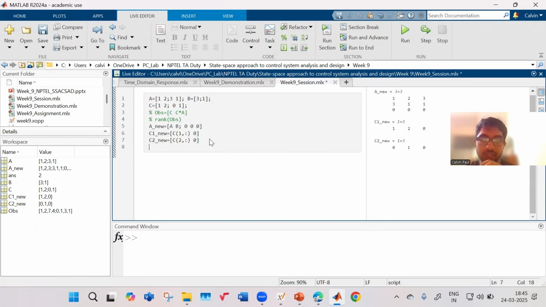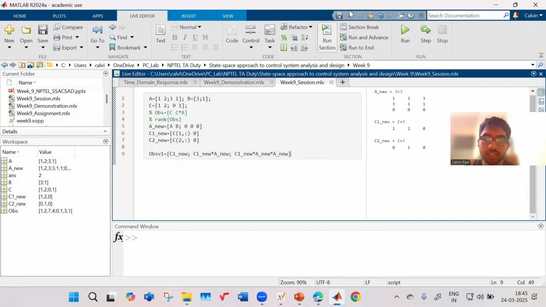Now we have to find the observability. We take C1 mu, then C1 mu into A mu, and then C1 mu into A mu into A mu.